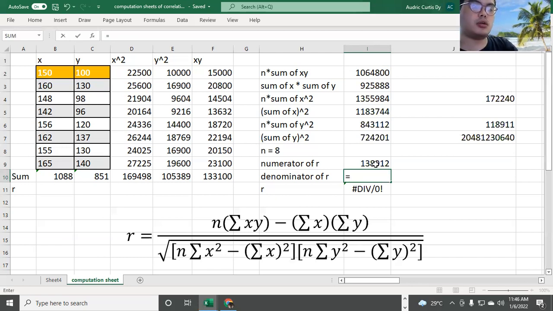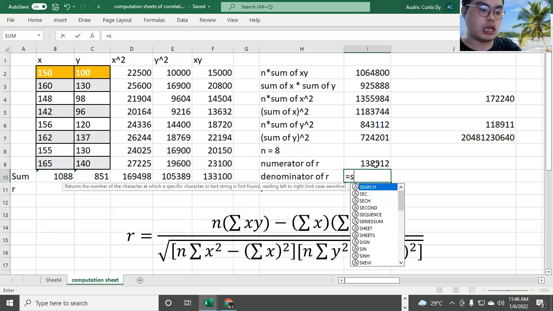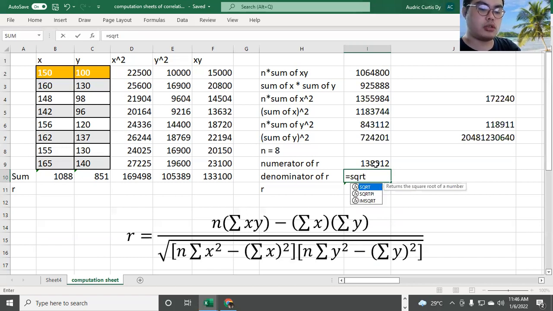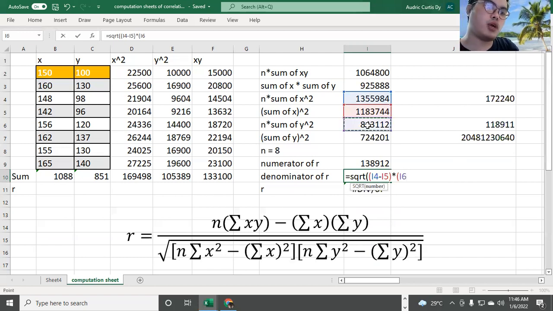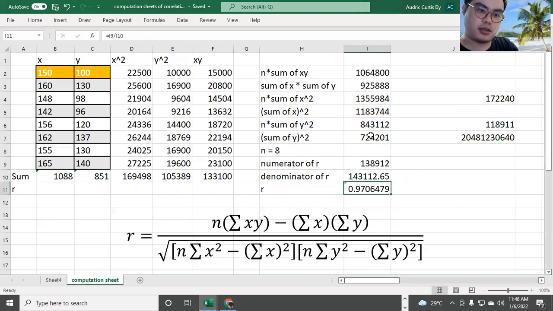To get the denominator of r, we need to type the shortcut of square root, then double parenthesis, then click n times sum of x squared minus the square of sum of x. Then we type multiplication, then n times sum of y squared minus the square of sum of y. So here is the correlation coefficient.